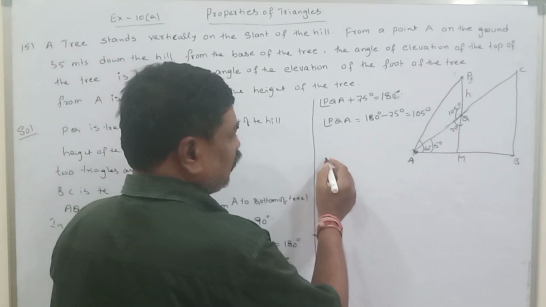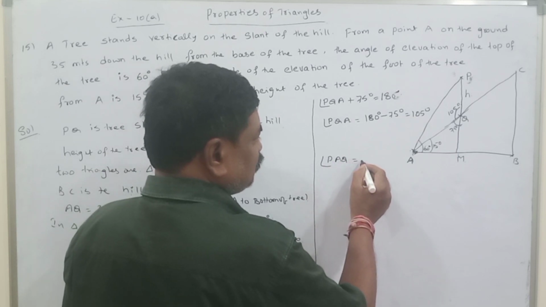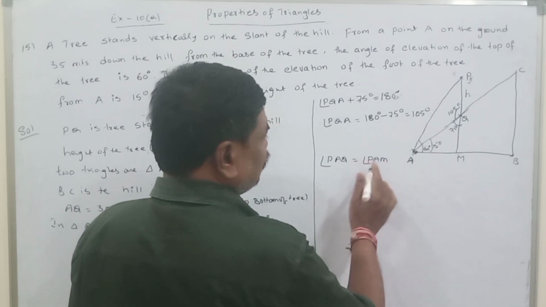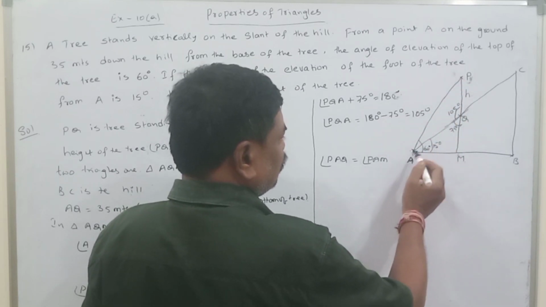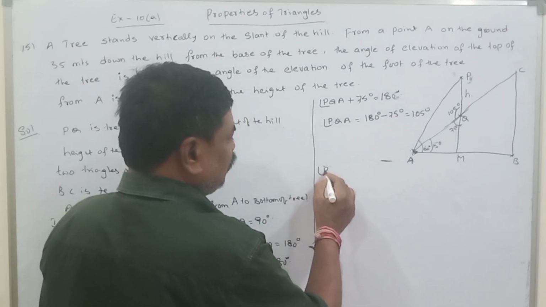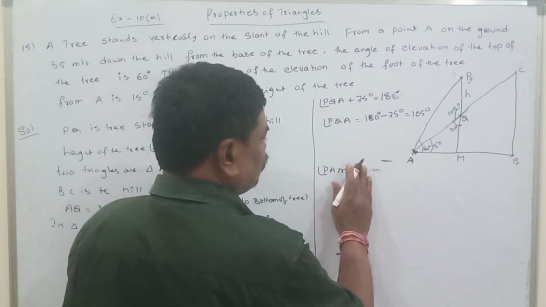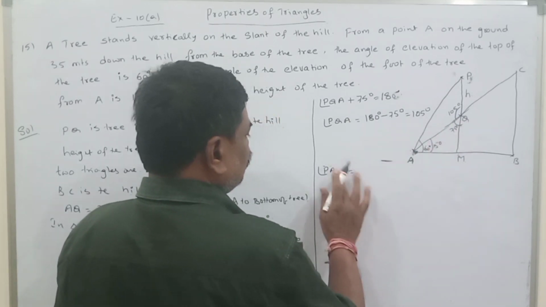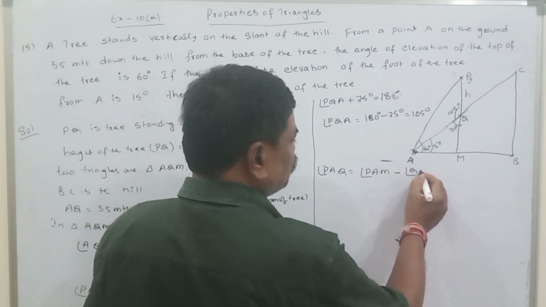So now we want angle PAQ. Angle PAQ is equal to angle PAM minus angle QAM.